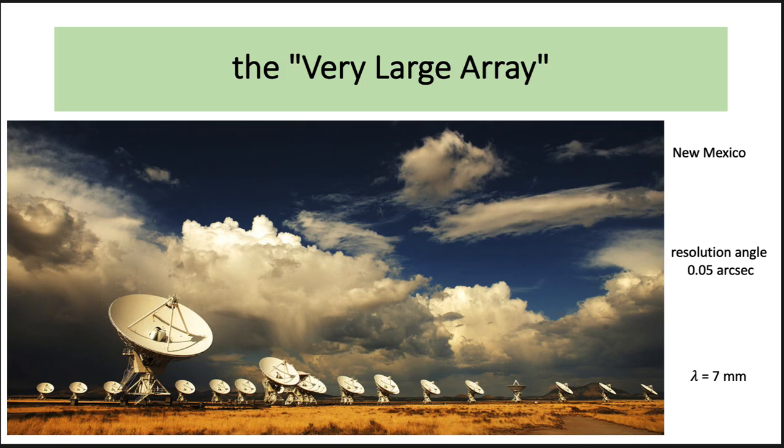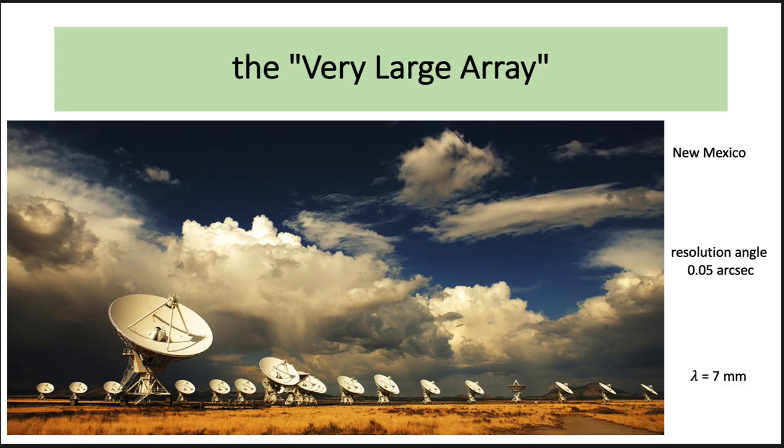They use a wavelength of about 7 millimeters. I'm sorry, not visible light, right? 7 millimeters. And so if you calculate with 36 kilometers, that's about a resolution of 0.05 arc seconds, so even better than the Hubble Space Telescope for these wavelengths.